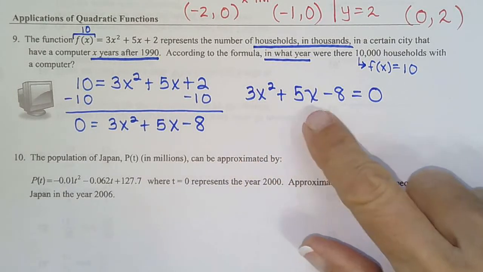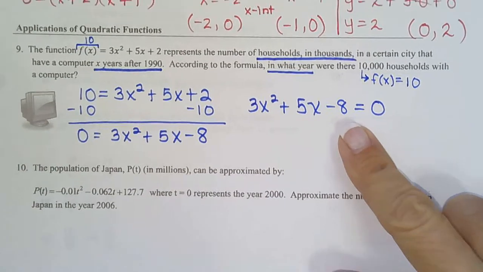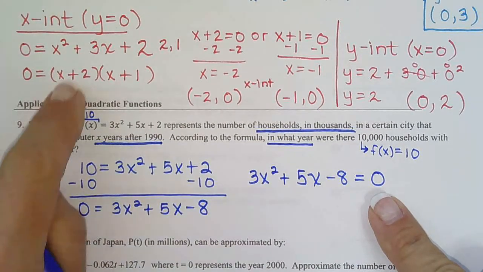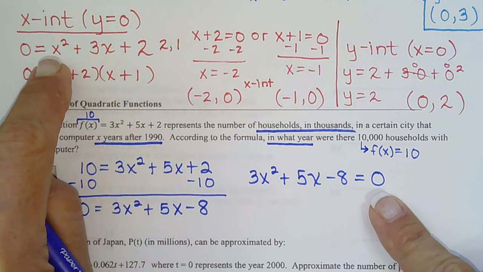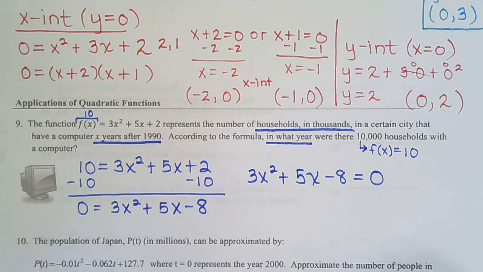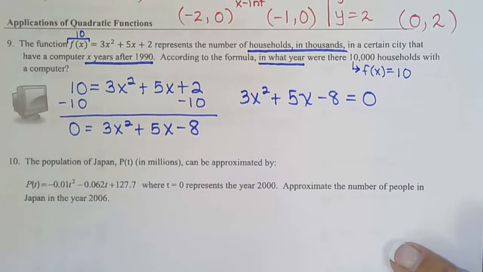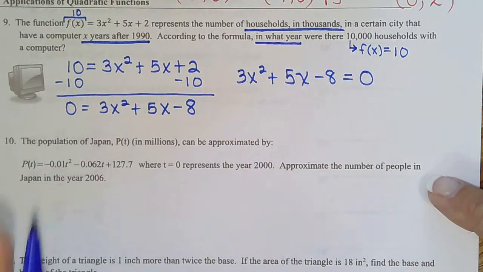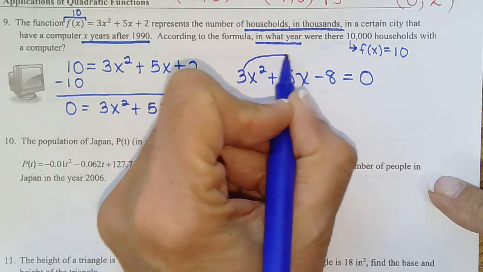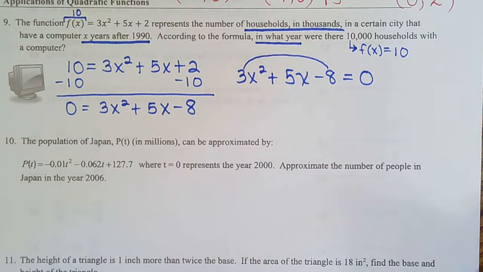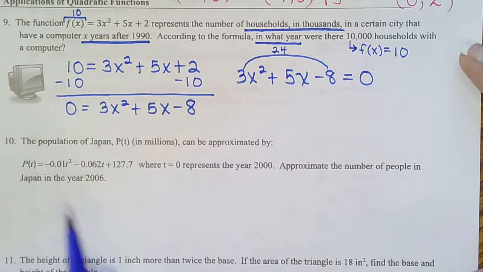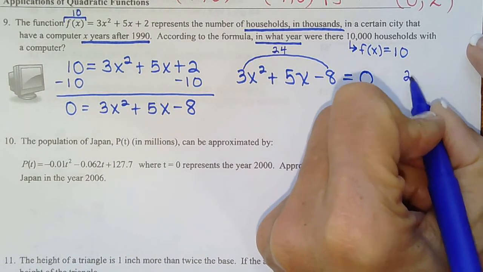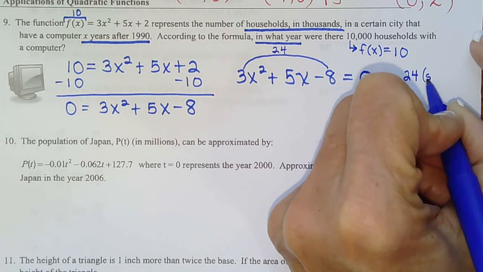So I see 3 terms, so the only way I know how to solve 3 terms is going straight to the bubbles, which is when the leading coefficient's 1. I don't have leading coefficient 1. The only other way I know how to solve is with AC method. So this would be factors of 24 that subtract to 5.